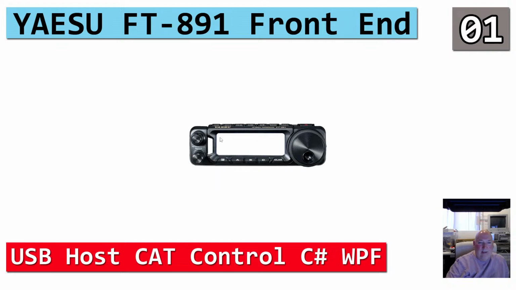Things like this, and make the display bigger, or maybe put a, depends what we do with the SWR meter, power meter, ALC, all those settings. Whatever gauge we want to create, we'll create a user control in Windows Presentation Foundation, C#.